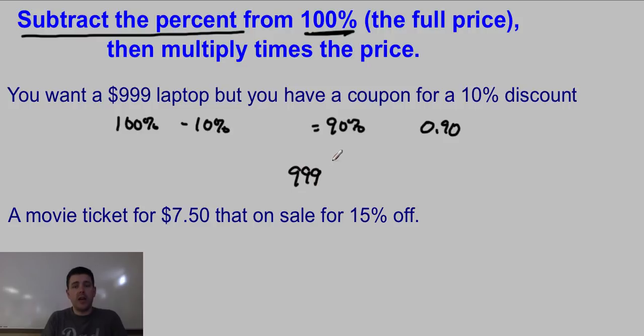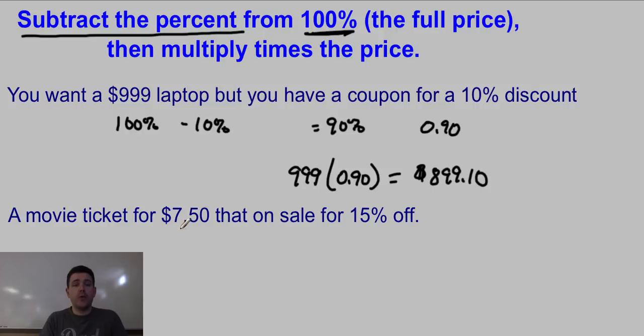So $999 times 90%, what's left over after we get rid of our 10% discount, and we get $899.10. I know your calculator probably said 899.1, but remember we're talking about money, so make sure you add in that extra decimal place.